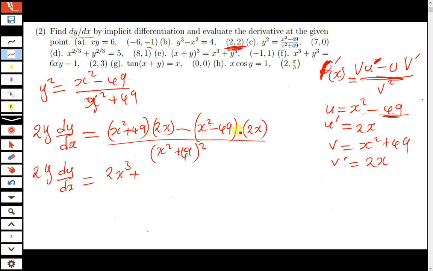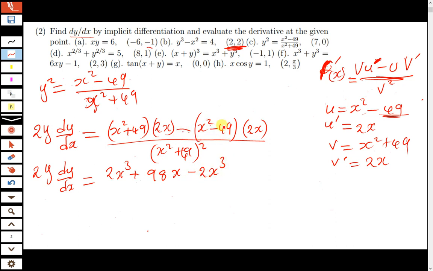Okay, sorry for that. So 2x times 49 will give us 98x. And then here we'll get 2x times negative times x squared, we get negative 2x cubed.